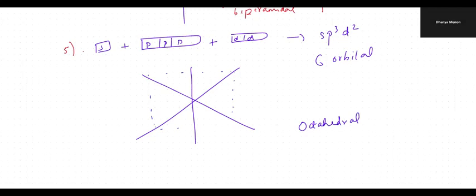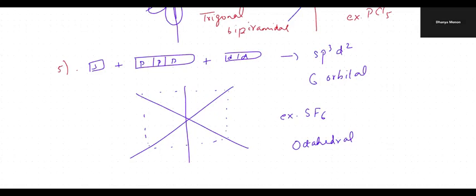Octahedral. Example is SF6. So if the hybridization is sp3d2, what is the shape? Octahedral. Example is SF6.